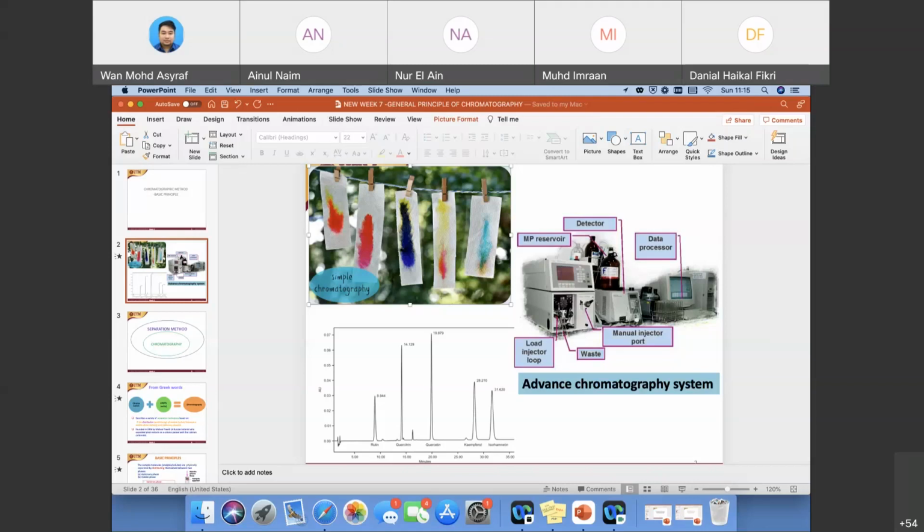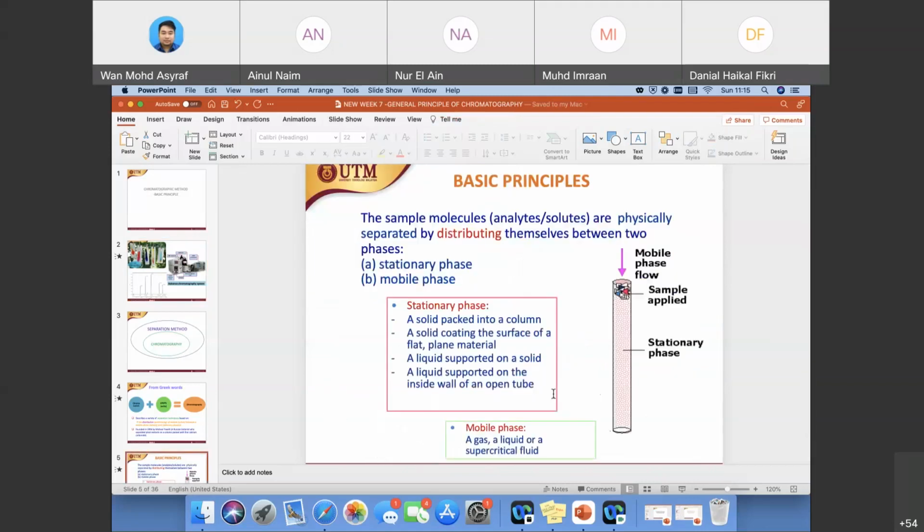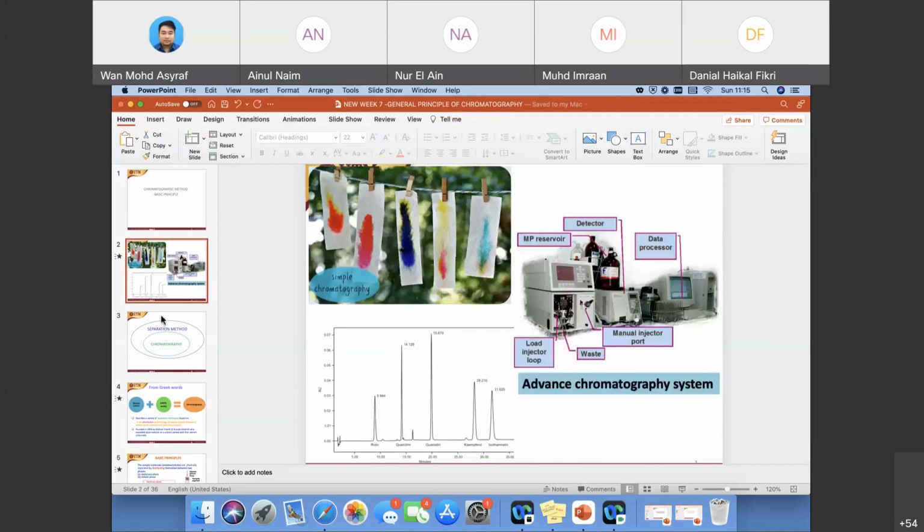Just now, when we looked here, the stationary phase is the solid packed into a column, or it is a liquid supported on a solid. Based on this picture, your stationary phase is the tissue itself. The stationary phase is the tissue where it moves.